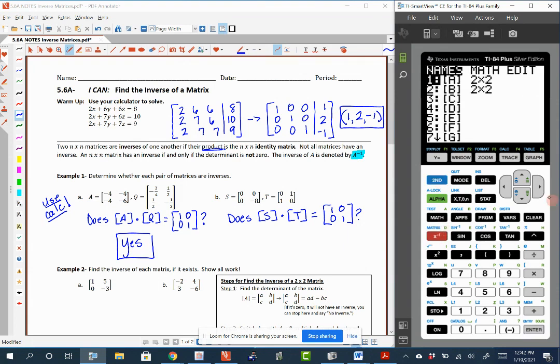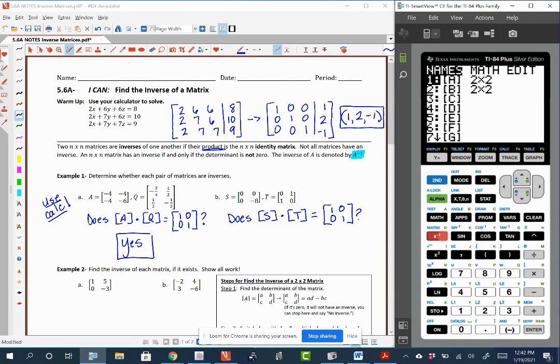And then I'm going to put matrix T in. So second matrix, arrowing over to edit. But this time I'm going to arrow down to matrix B. Still 2 by 2. And we've got a 0, a 1, and a 0. So almost the identity matrix there. Not quite, but almost. So on my main screen then, I'm going to go ahead and multiply.